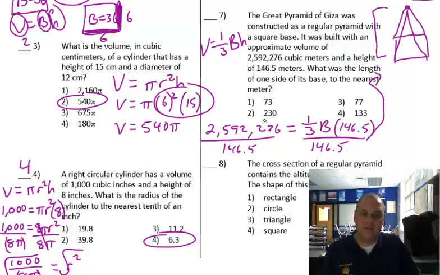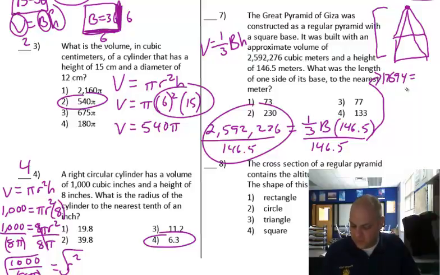When you divide that out, I did it ahead of time, you get 17,694. You shouldn't round it, but it doesn't matter because the choices are so far apart. 17,694 equals 1/3 B. And then times 3 gets rid of the 1/3.